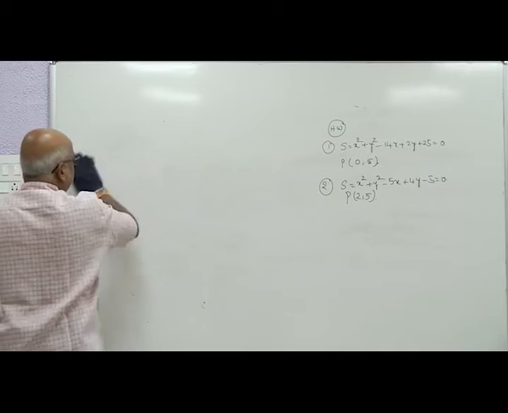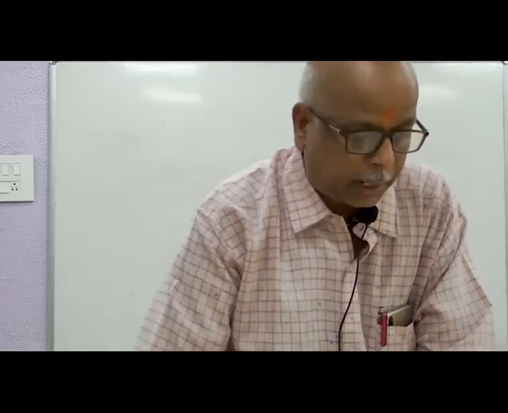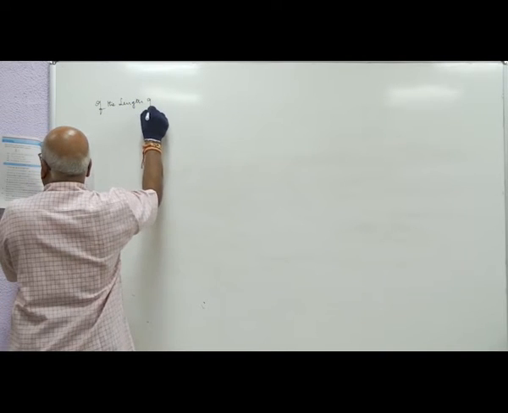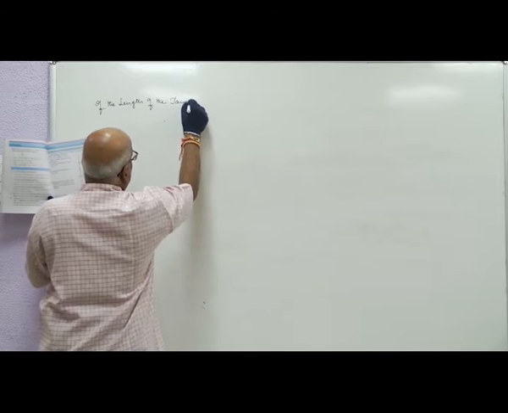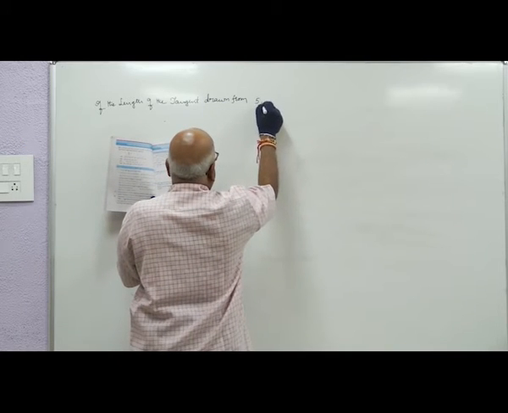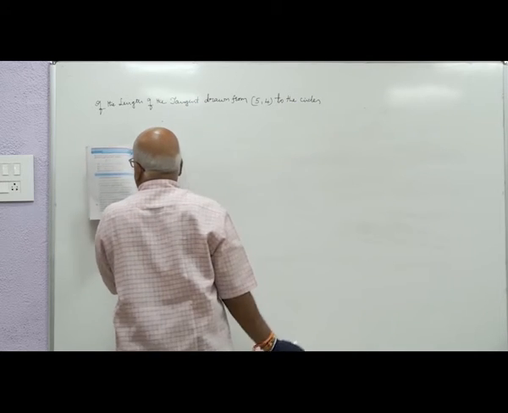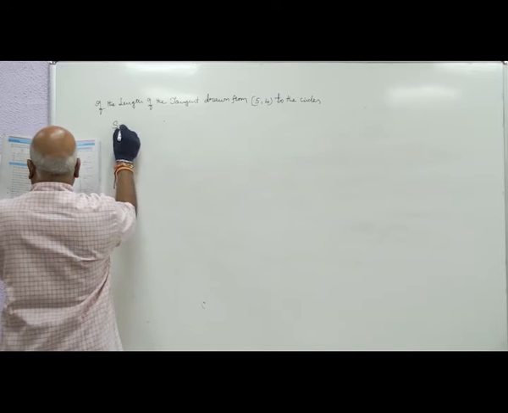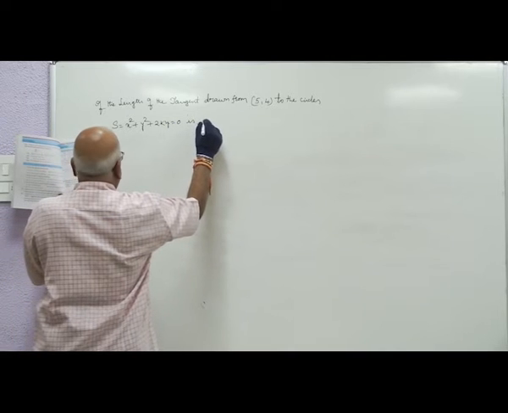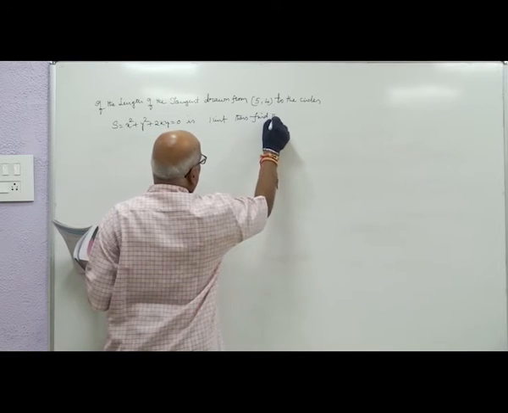Next model. Our next model is, please put the heading: if the length of the tangent drawn from 5, 4 to the circle S equal to x square plus y square plus 2ky equal to 0 is 1 unit, then find the value of k.